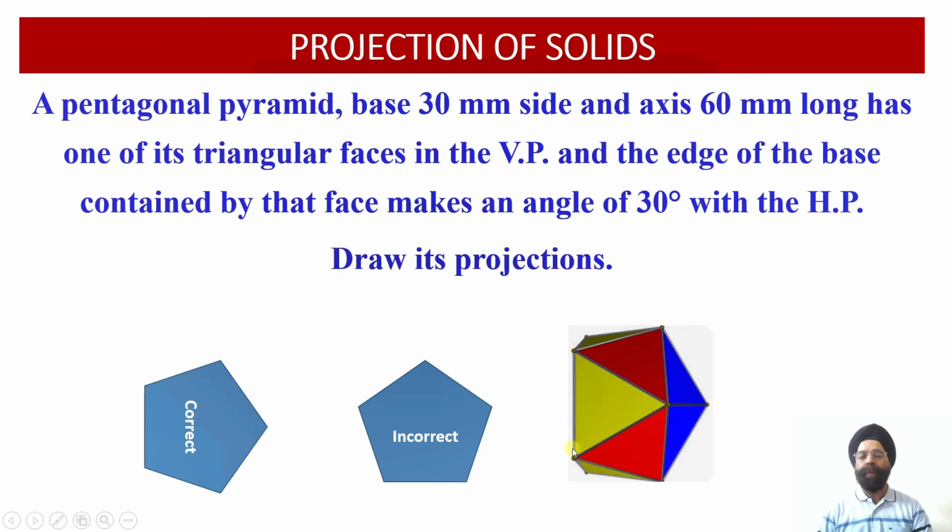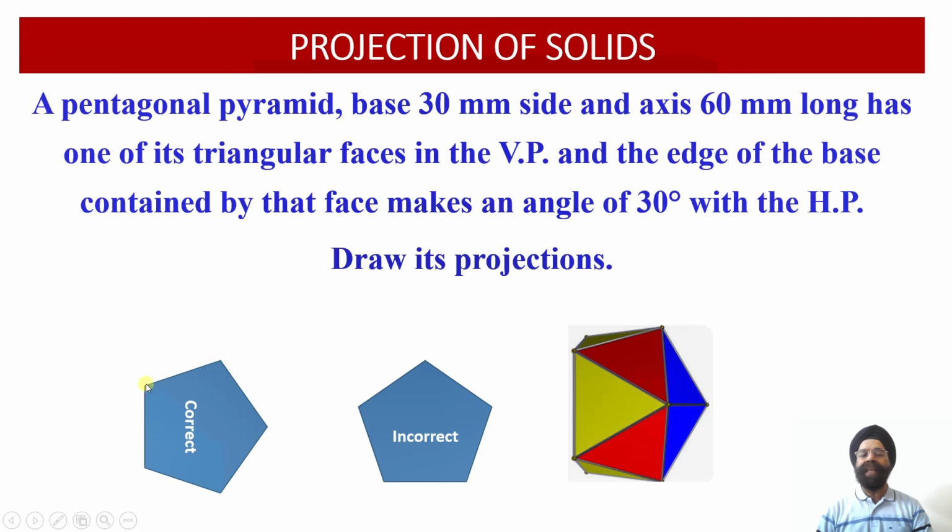This edge of the base will still be available as true length in the front view projections. Now this edge of the base, which is contained by the triangular face which was contained by the vertical plane, is further inclined with respect to the horizontal plane at an angle of 30 degree.